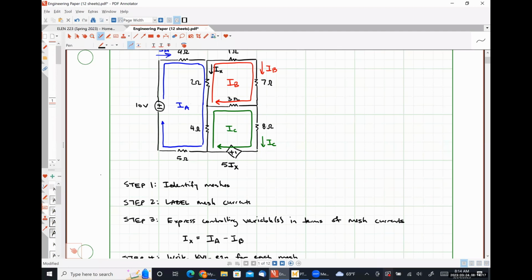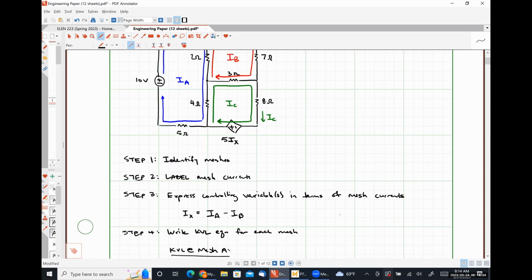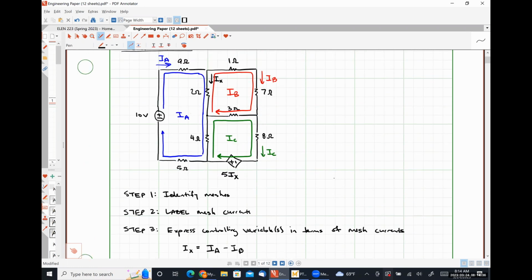Right? So if we start with mesh A, and I'm starting at the bottom left-hand corner, the first thing I see is the negative polarity terminal of the 10-volt source. So I'm going to have negative 10 volts. The next thing that I see is a 9 ohm resistor. And so I'm going to use Ohm's law to write the voltage drop across that 9 ohm resistor as simply 9 ohms times IA. Okay.